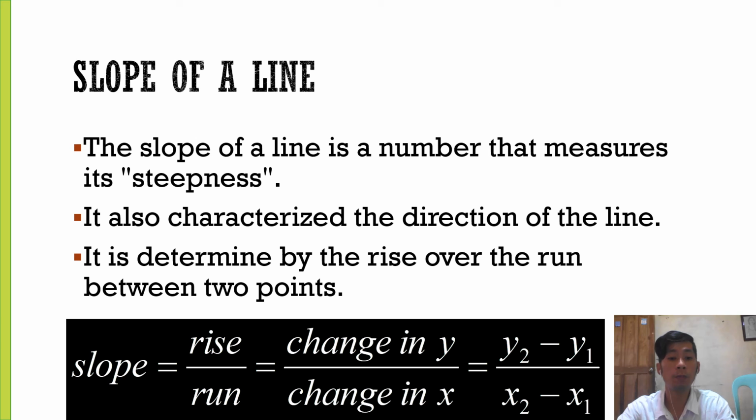So that is slope, or small m, rise over run, or change in y over change in x. So this is the formula: y sub 2 minus y sub 1 all over x sub 2 minus x sub 1.